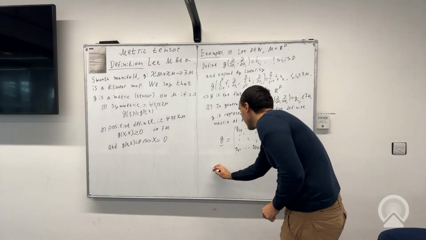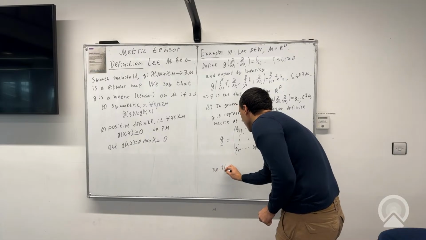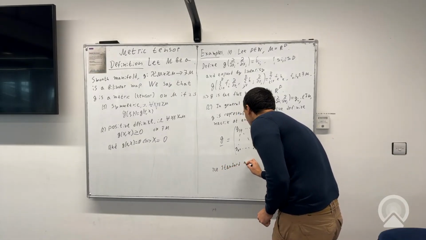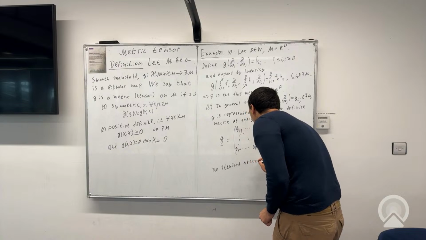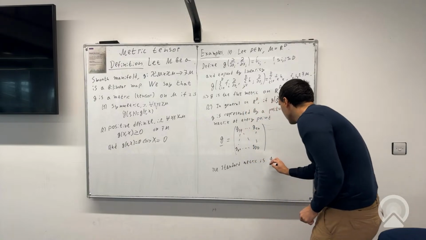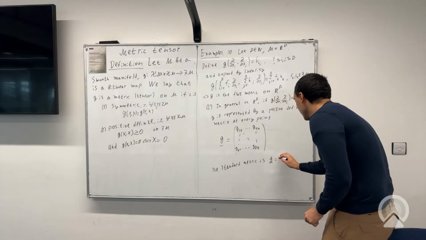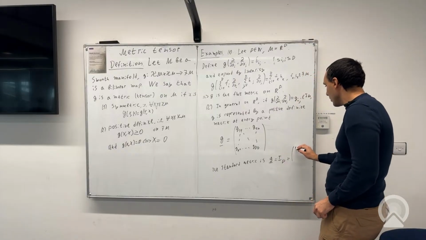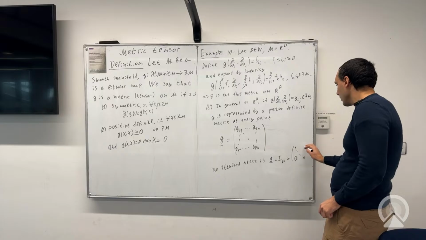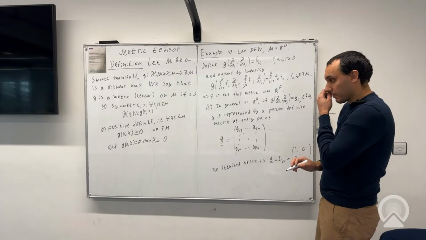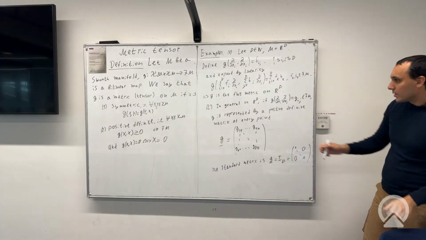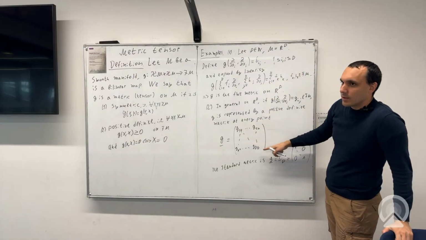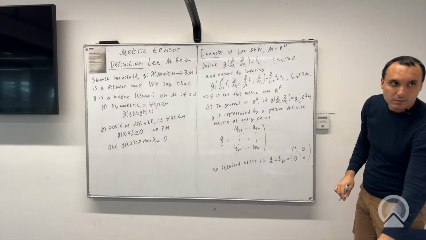So for the standard metric G is the identity matrix. This is 1, 1, and everywhere else we have zeros, because we had g_ij is delta ij, so only on the diagonal are 1s, and everywhere else we have zeros.